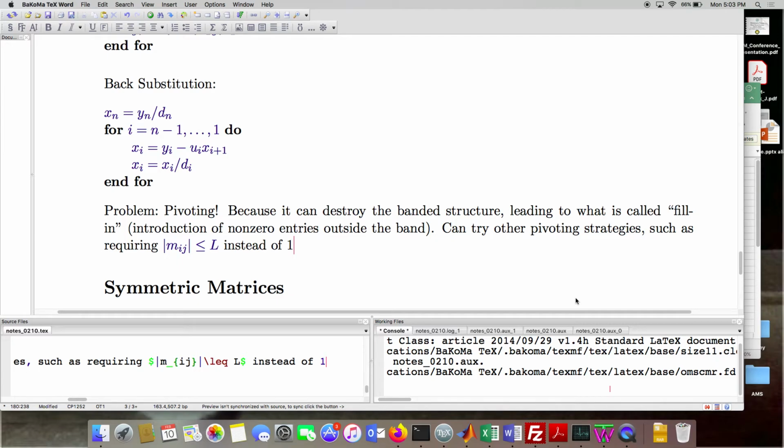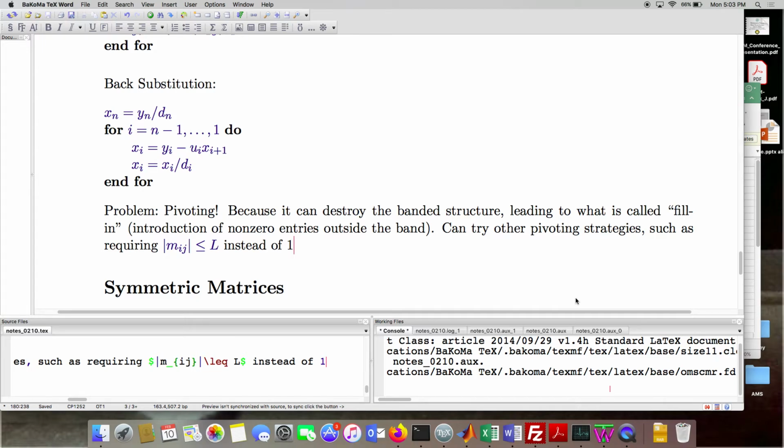If you pivot a little more flexibly, maybe you can at least preserve sparsity to an extent. So there are things that can be done to lessen the damage. But it's a big problem with banded matrices: preserving that sparsity, preserving the efficiency gain that you get.